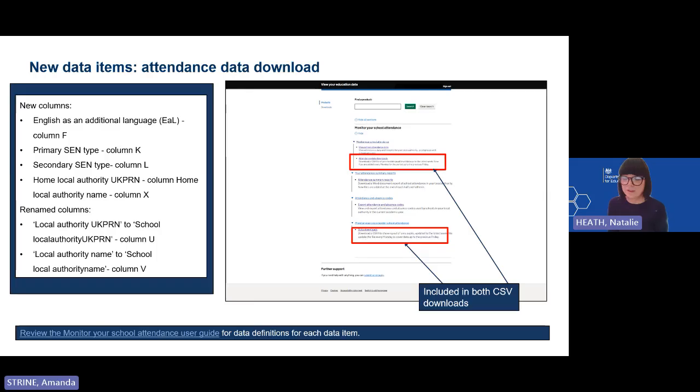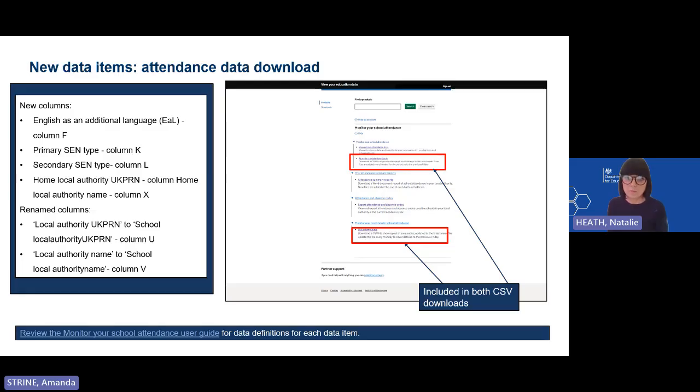As part of that implementation, we've also added some new data items into both downloads. The first change we've made is adding two new columns alongside the name of the school local authority.